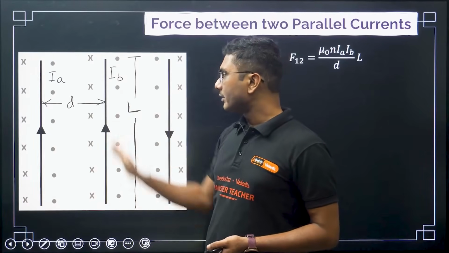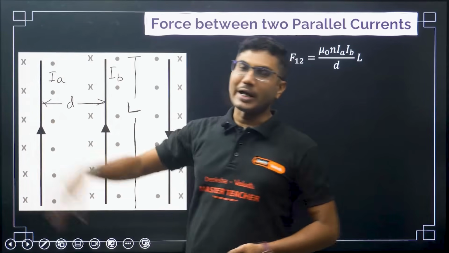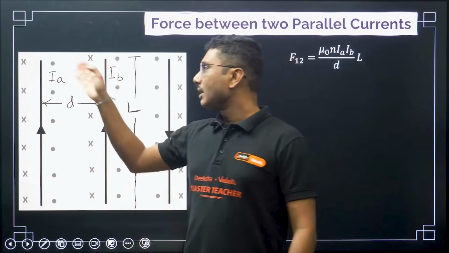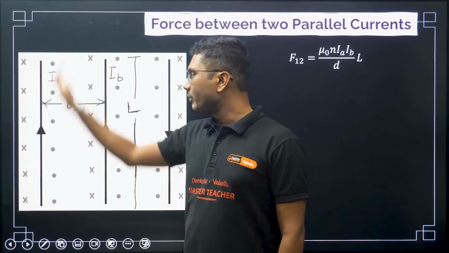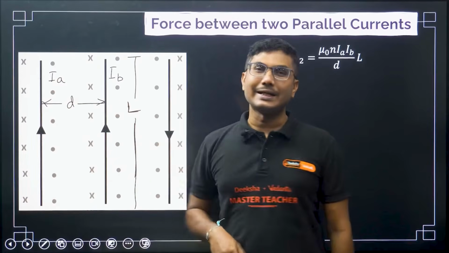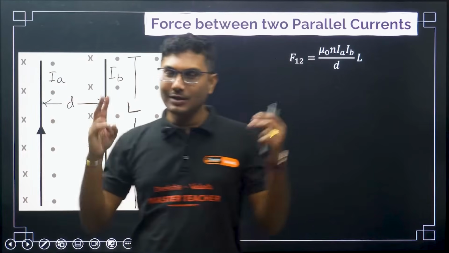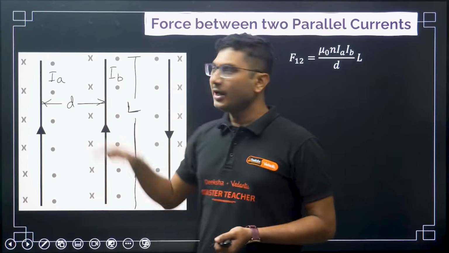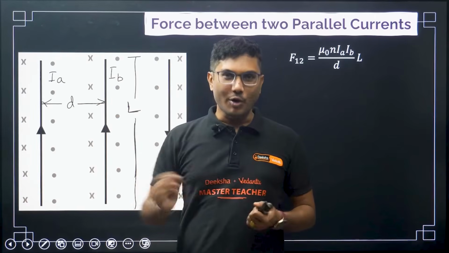So this wire is producing a magnetic field. You can consider the second wire is getting affected by its magnetic field. Similarly, this wire is producing its own magnetic field, and the first wire is getting affected by the second magnetic field. So basically two friends, one is writing the exam, another one is trying to copy from it.